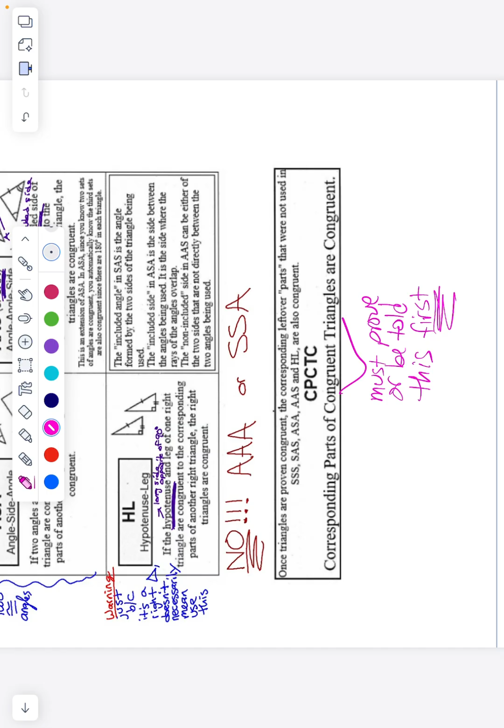It's saying that things that are identical have identical parts. That's all it's saying. Do you want to write that? Because CPCTC sounds kind of wordy and official, so I'll write that: things that are identical have identical parts.